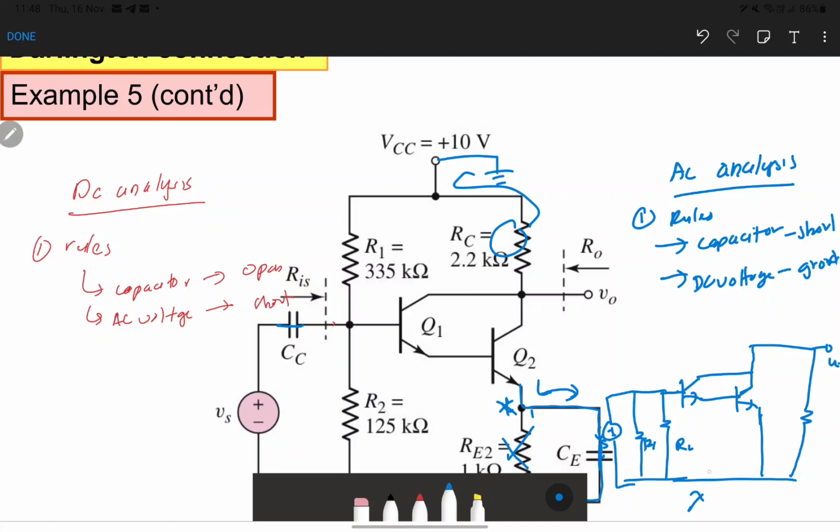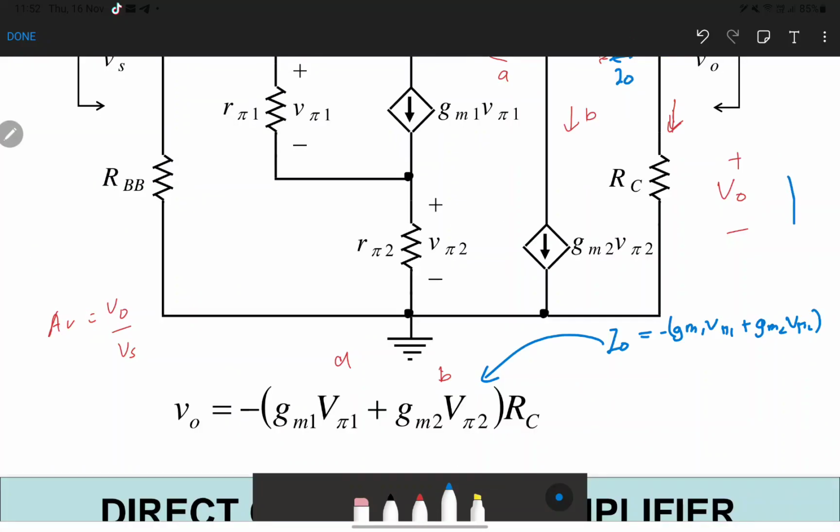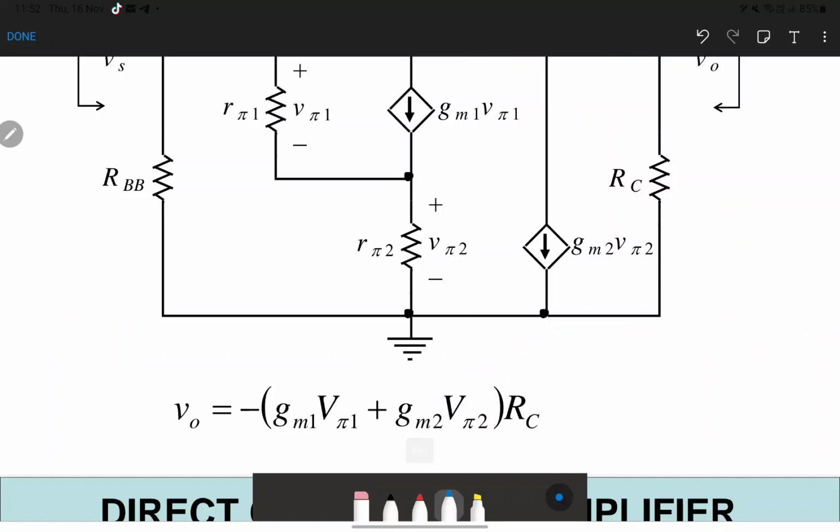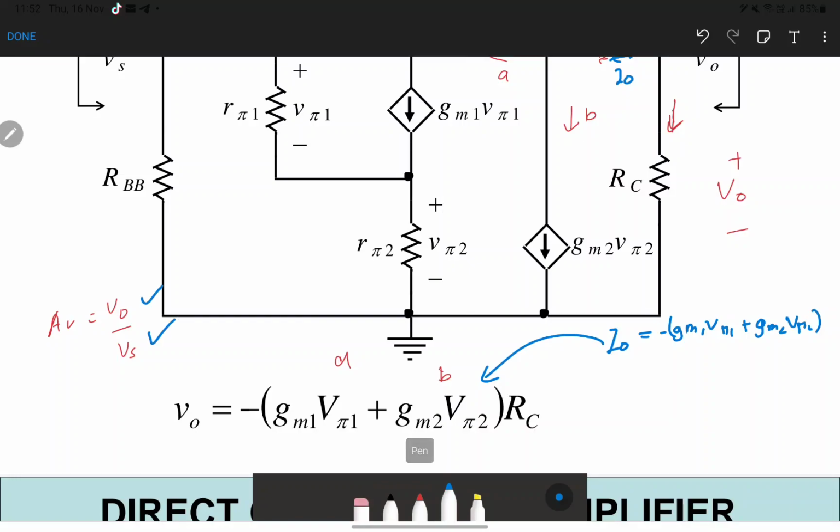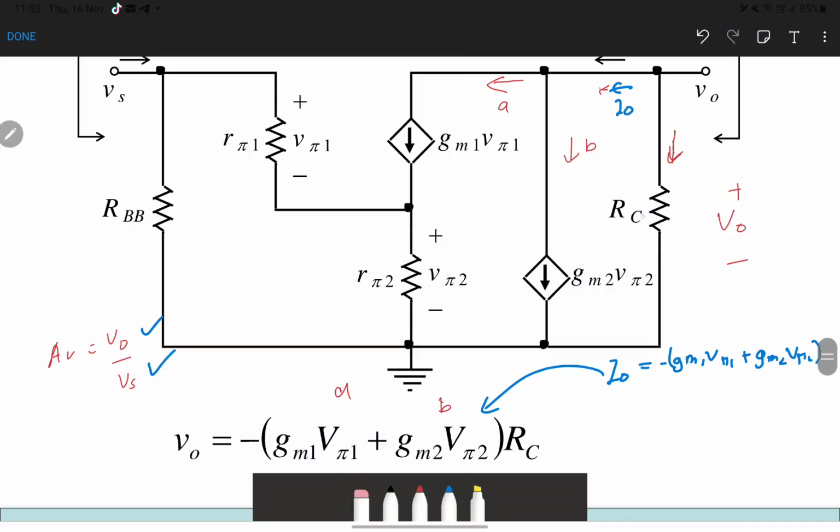Then you can convert this into small signal. So the result is, okay. To find the AV, you need to use the formula voltage out divided by voltage source. So what is V out? V out is located at RC. So you need to find the current going into the RC.